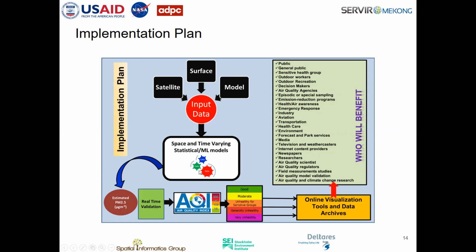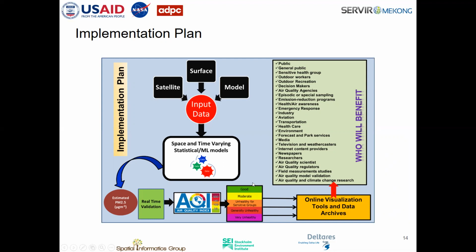In this case, we are using the random forest algorithm, and next we create the interface, the online visualization, and then we compare with the authorized AQI of the specific countries.